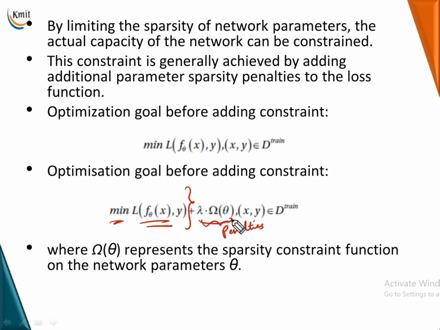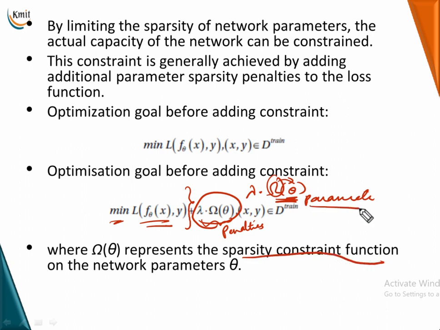We represent that as lambda times omega of theta. Theta is the parameters of your model, and omega of theta is the function called the sparsity constraint function, which depends on the network parameters. Lambda is the scaling factor for this sparsity constraint function.